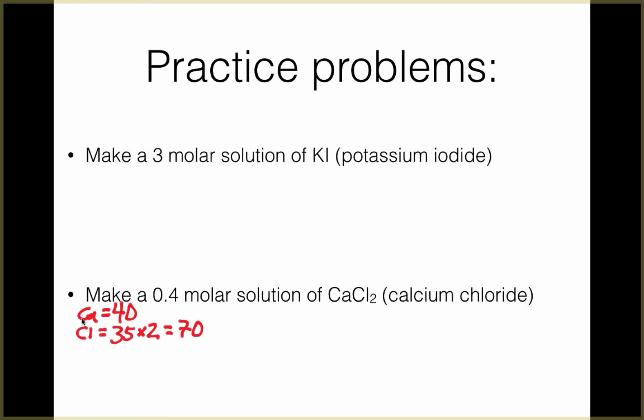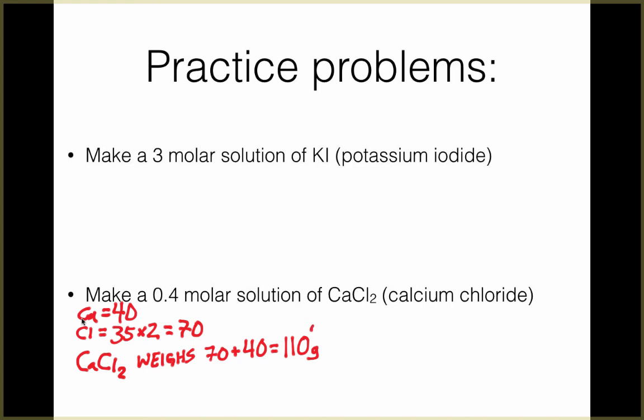Now I will take those numbers, add them together. CaCl2 weighs 70 plus 40 equals 110 grams if I have a mole of those. If I have 6.02 times 10 to the 23rd calcium chlorides, it would weigh 110 grams.